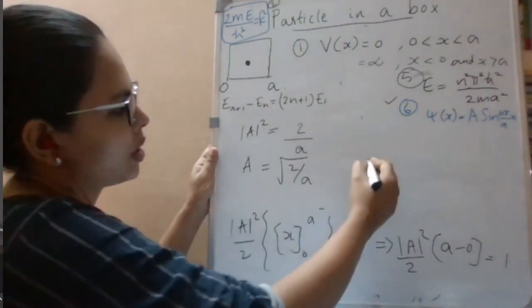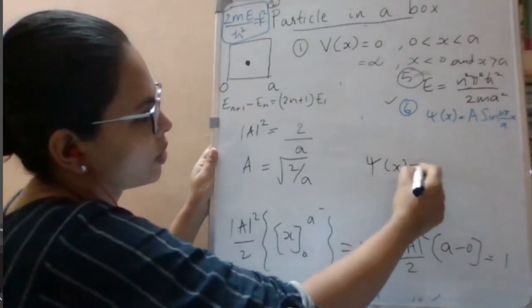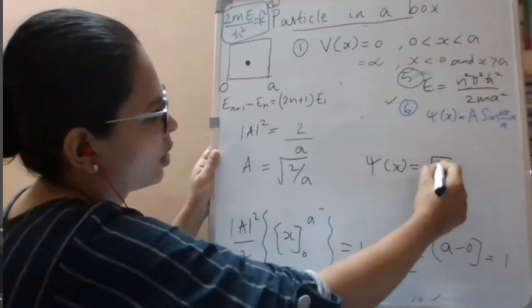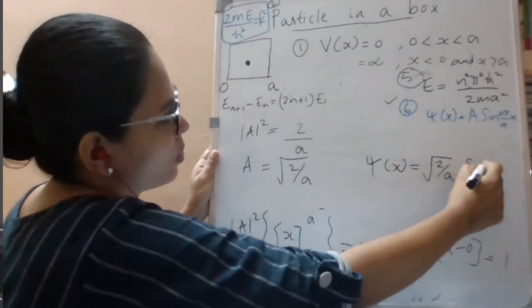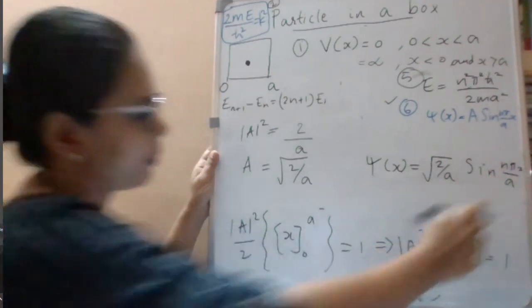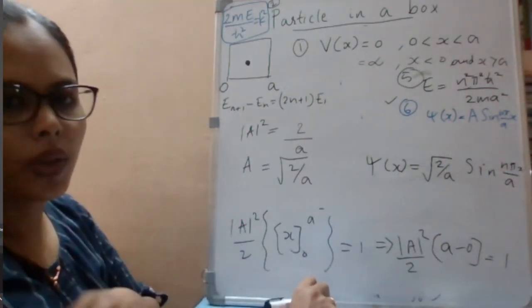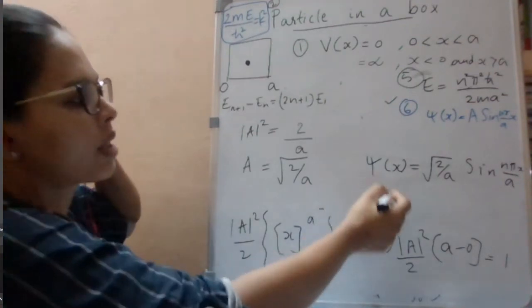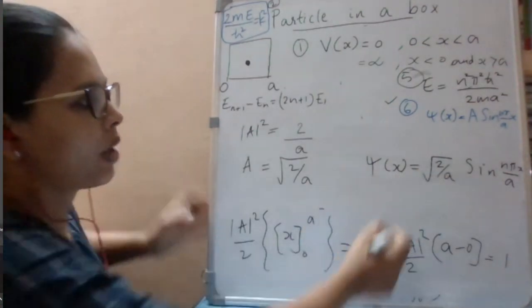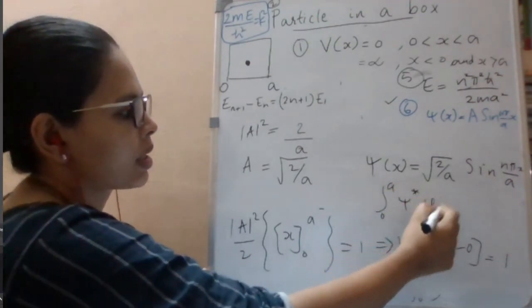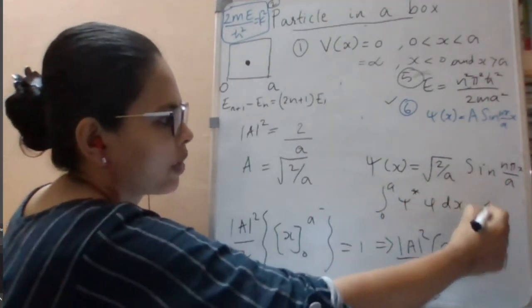So you can apply it here, psi of x is equal to square root of 2 by a into sine nπx by a. So this is our normalized wave function. If you apply this value and find integral 0 to a psi star psi dx, it will definitely be 1.